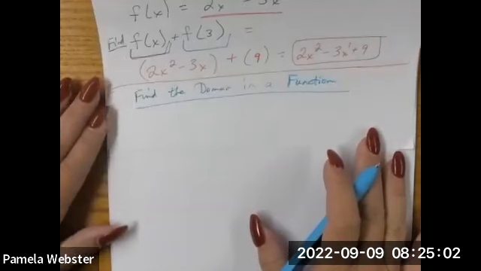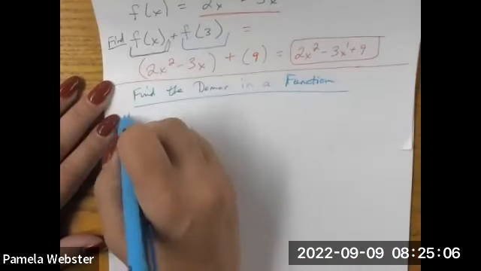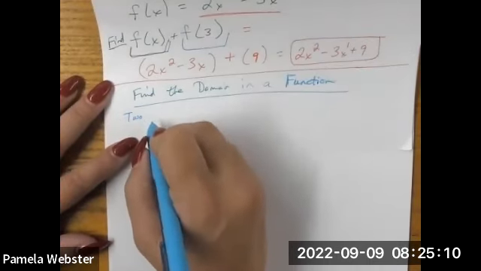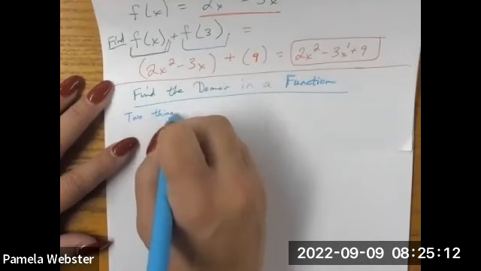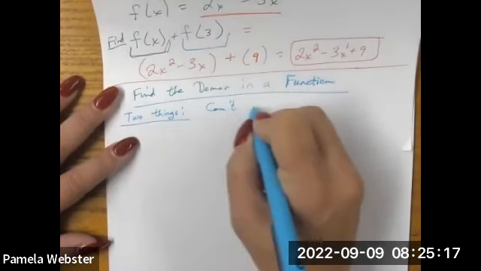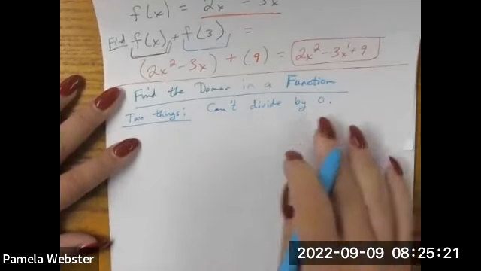Remember this. There are two things that you should not be doing in algebra, okay? Two things you can't do. Remember this. You can't divide by 0, right?